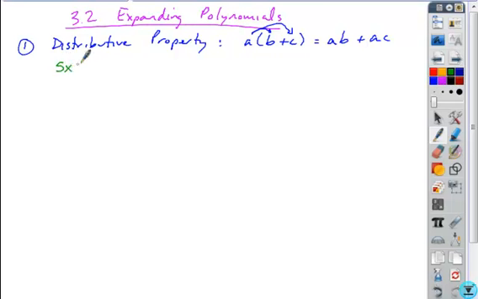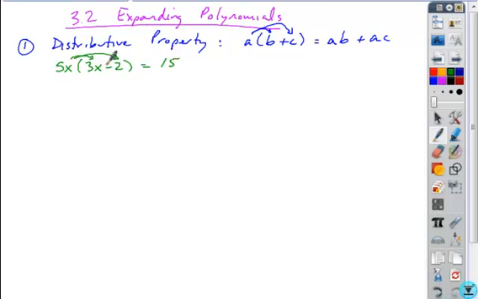An example of the distributive property would look something like this. If I were to talk through the steps for this, again, this should all be a review for you. You distribute this monomial factor times this binomial factor. When we distribute that through, we're just going to multiply both terms of our binomial by that monomial factor. So 5x times 3x, you multiply the numbers. 5 times 3 is 15.